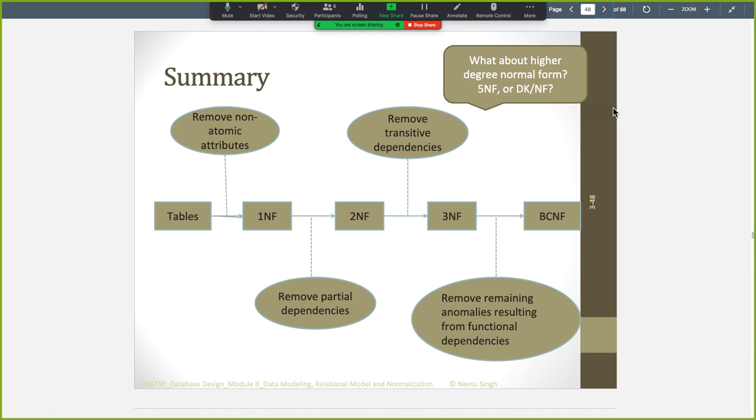And weekday is Monday, Tuesday, Wednesday to Sunday. So Monday to Sunday, the 7 combinations, are the possible values for weekday. And this set of 7 values is what we call a domain.